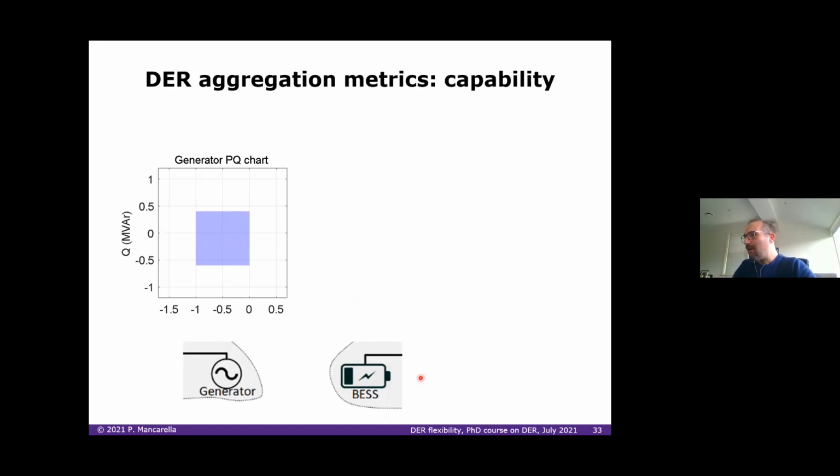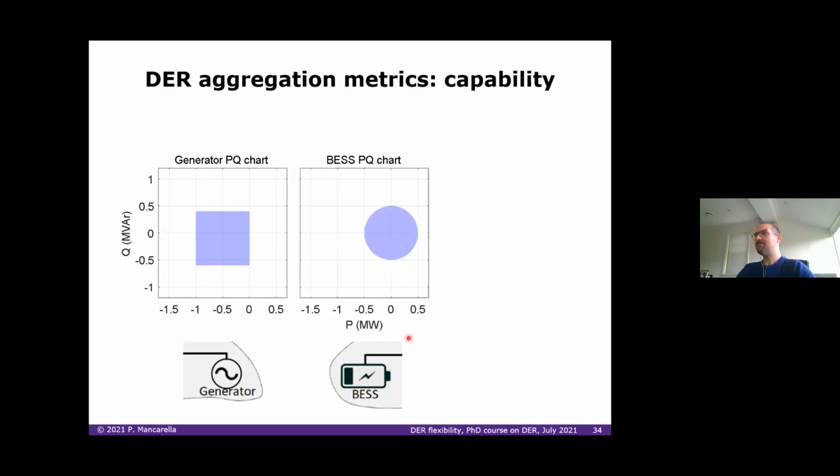Now, how about a battery energy storage system? Well, a battery energy storage system effectively has a capability chart this way, because there is basically full flexibility when you look at the inverter characteristics of providing positive and negative active and reactive power, of course associated with the amount of energy that you can store.